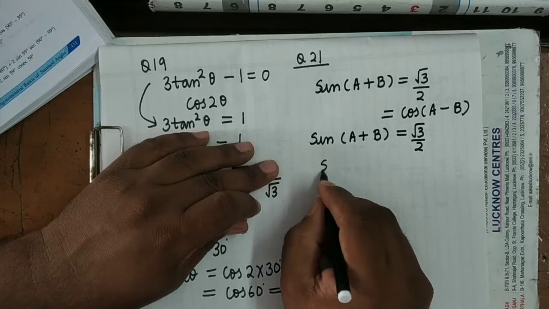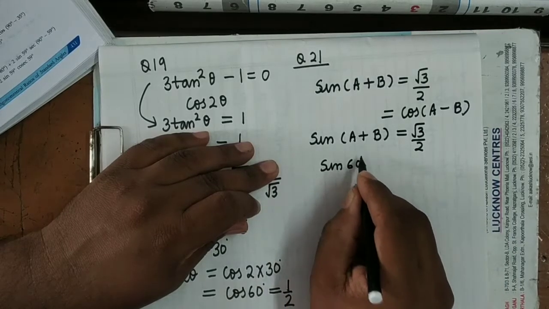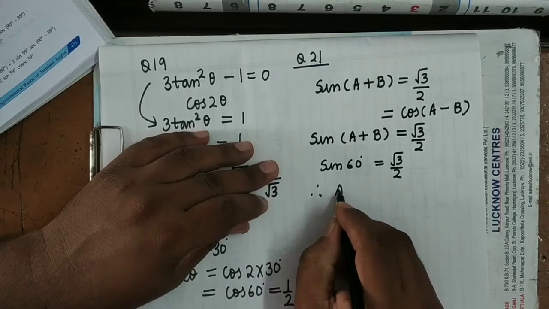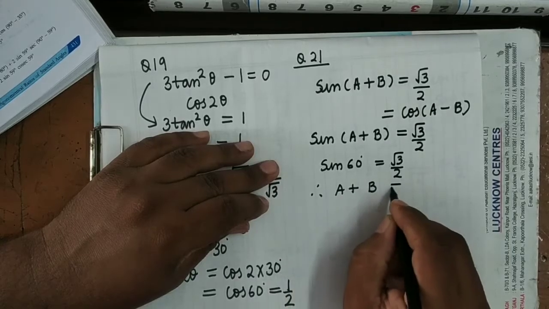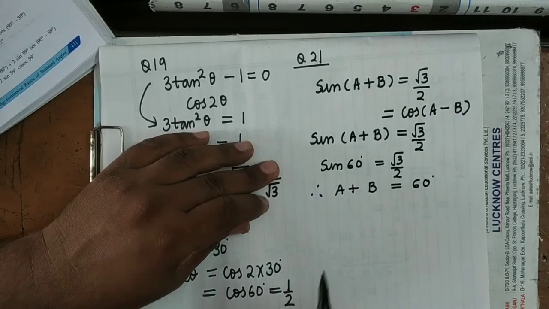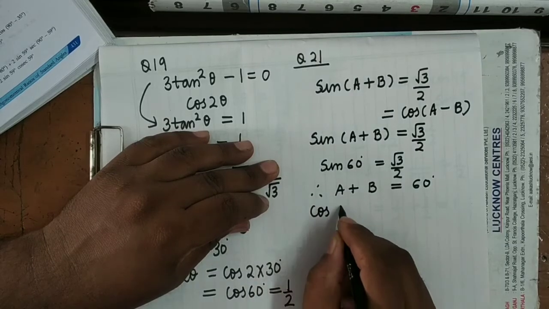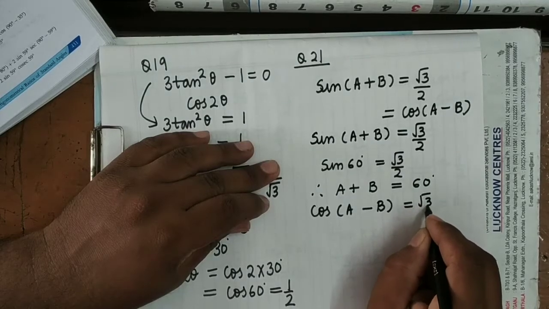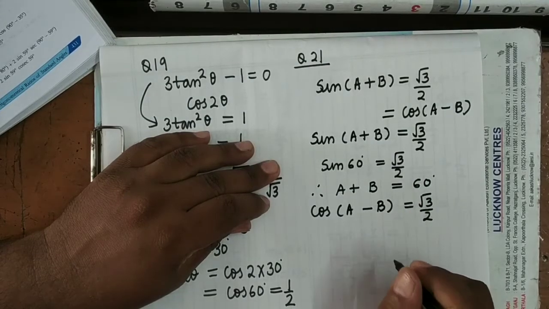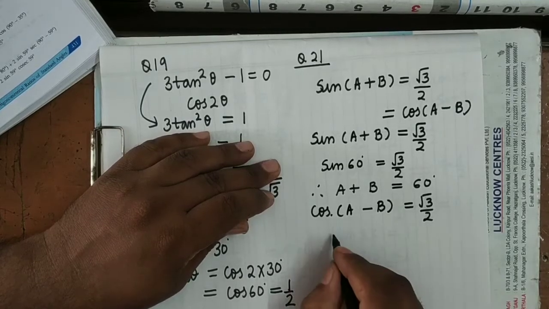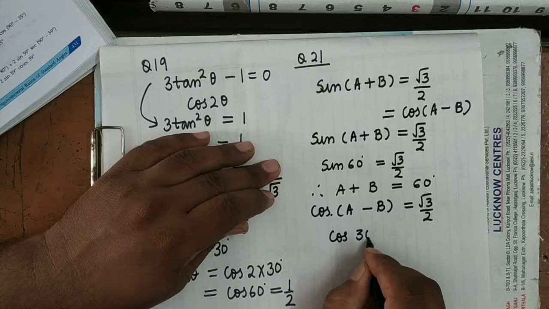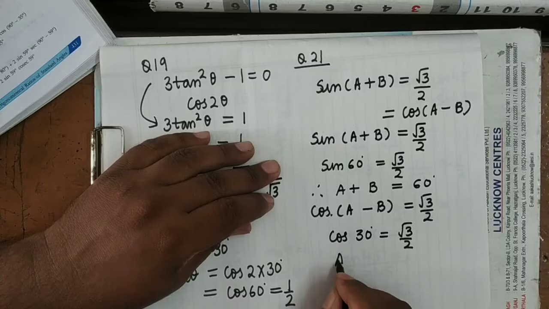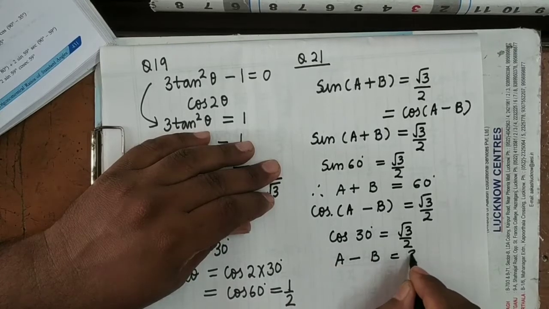Now as we know that sin 60 degree, therefore A plus B equals 60 degree. Similarly, cos (A minus B) is root 3 upon 2. So for which angle is cos root 3 upon 2? It is cos 30 degree. So A minus B equals 30 degree.